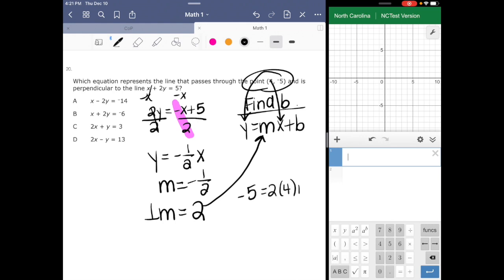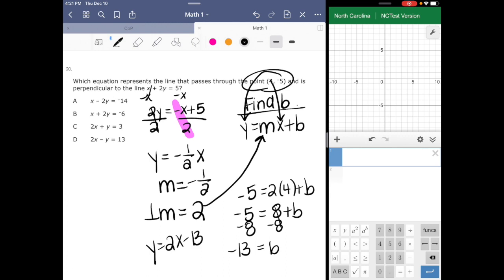So this is going to become negative 5 equals 2 times 4 plus b. So negative 5 equals 8 plus b. Then we're going to subtract 8, and we get b equals negative 13. So our equation is y equals 2x minus 13, but we can see our answer choices are not in slope-intercept form.